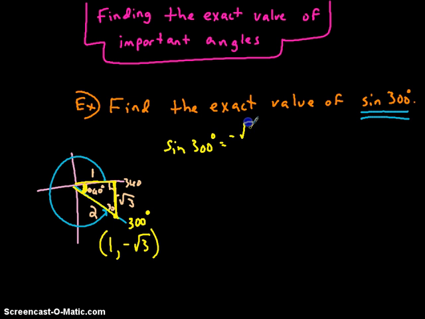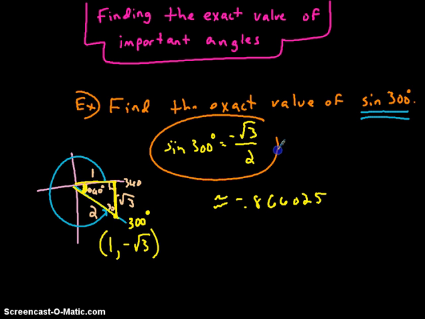If you plug negative square root of 3 over 2 into the calculator, you find it's about negative 0.8660025. But this is exactly what it is. So this is the answer we want. This is sine of 300, the answer we're looking for.